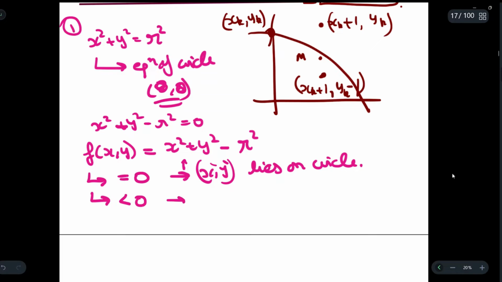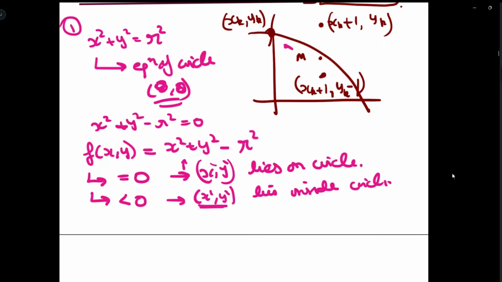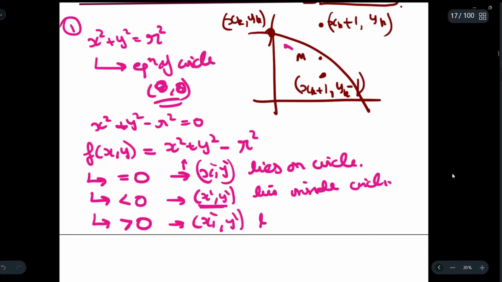If it is less than 0, then it means that x dash and y dash lie inside the circle, that is, in this region. Now suppose the value of f(x, y) is greater than 0, then this will mean that the points x dash and y dash lie outside the circle, that is, anywhere outside in this region.